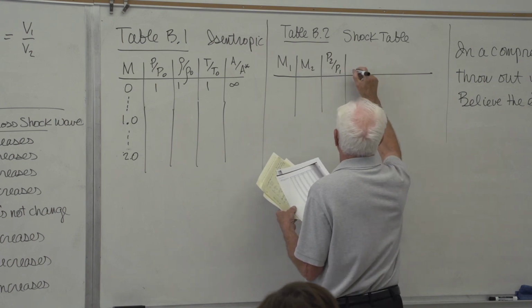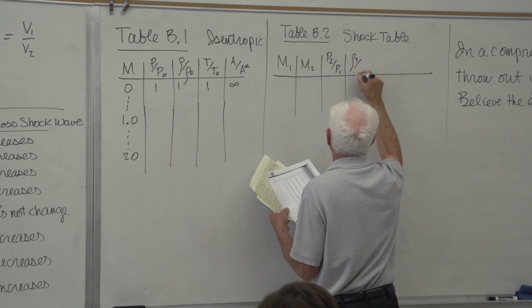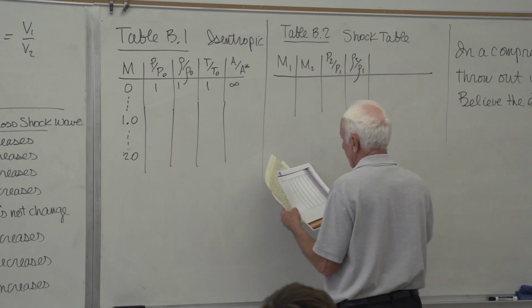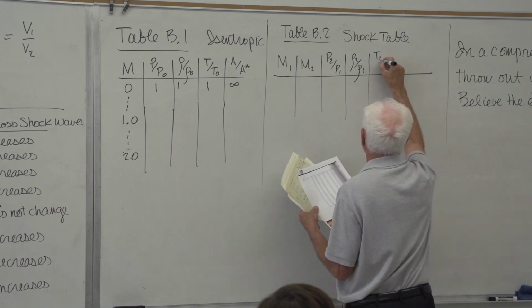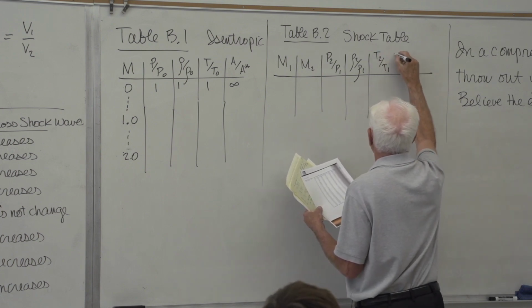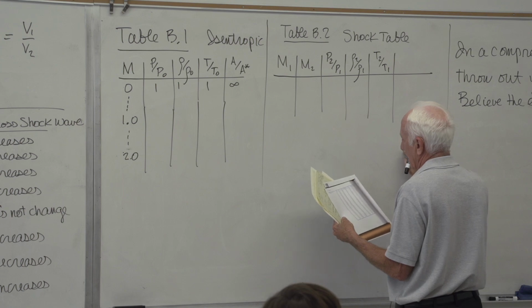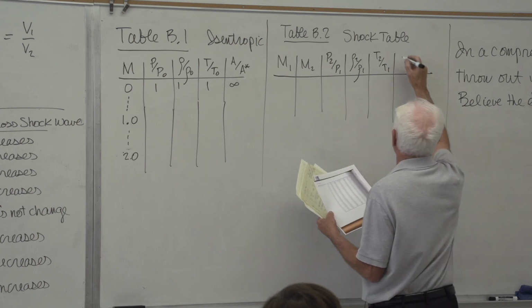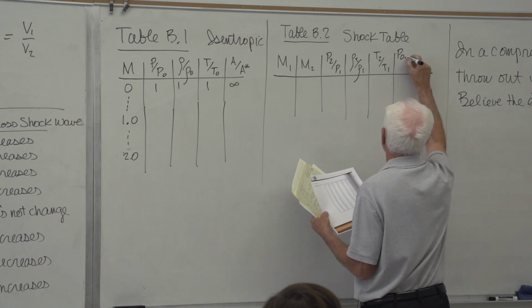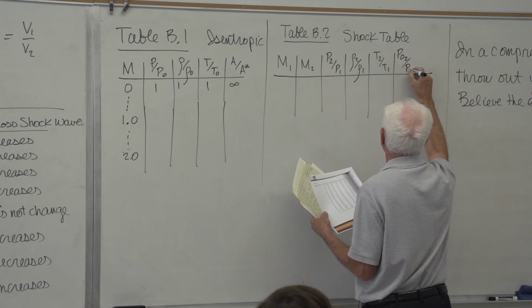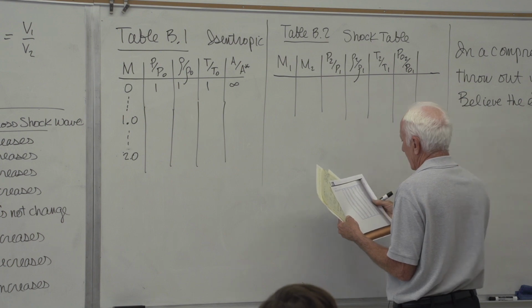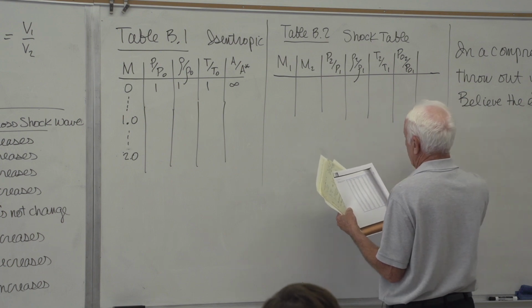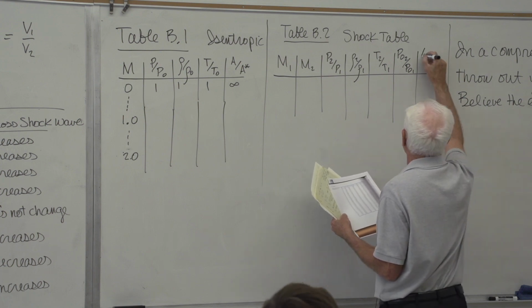Rho 2 over rho 1. T2 over T1. P naught 2 over P naught 1. Last column, A star 2 over A star 1.